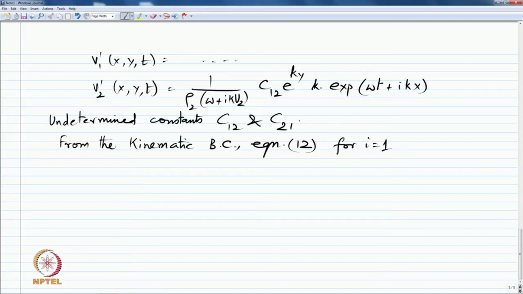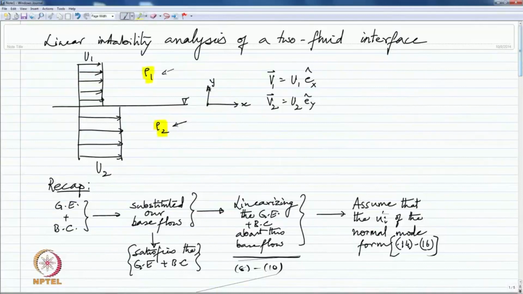Just to recall, a kinematic boundary condition is basically a requirement that if I have a fluid particle on the interface, that fluid particle remains on that interface at all points in time.